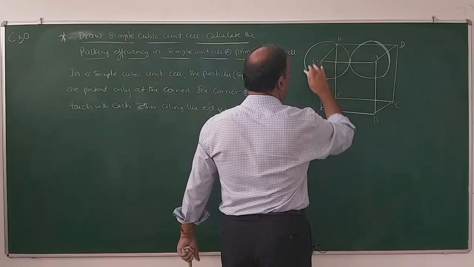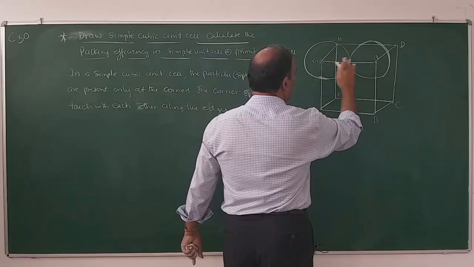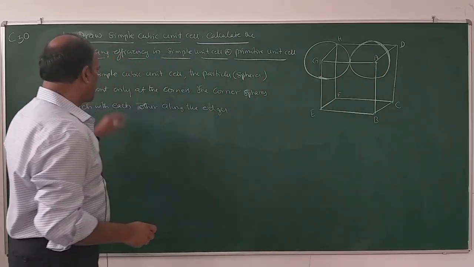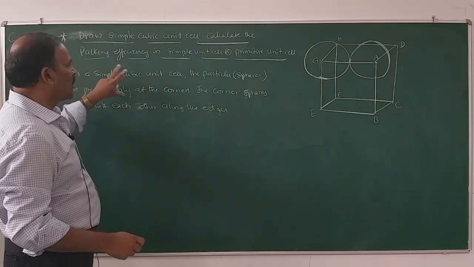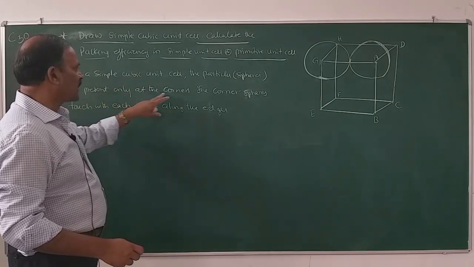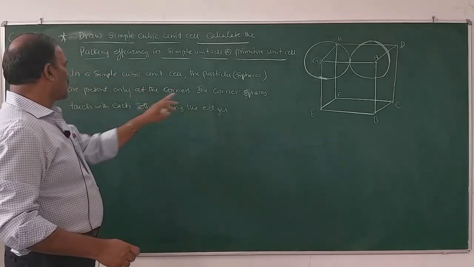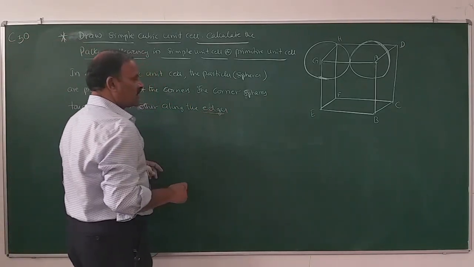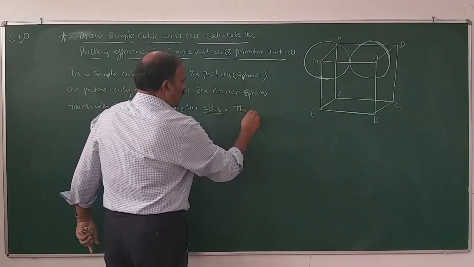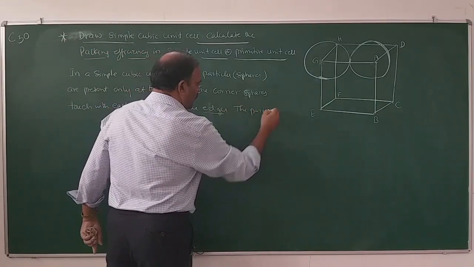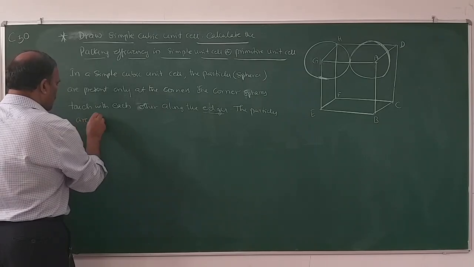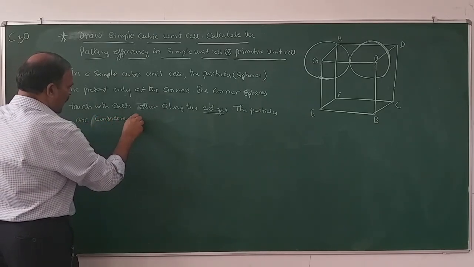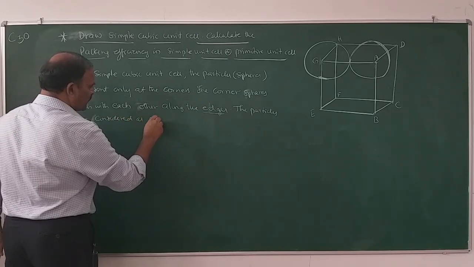These corner particles touch with each other along the edges. This is the second point. So in simple cube, particles are present only at the corners. The corner particles touch with each other along the edges. The particles are considered as spheres.